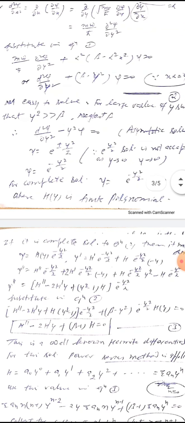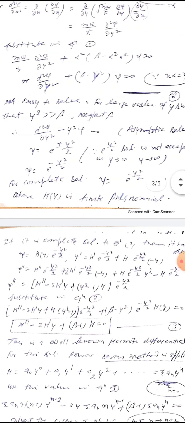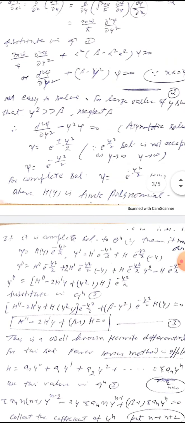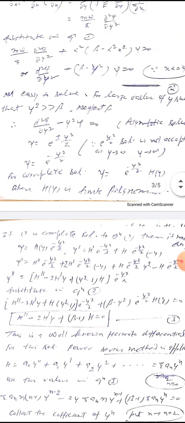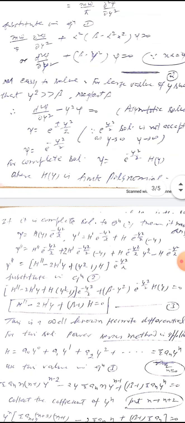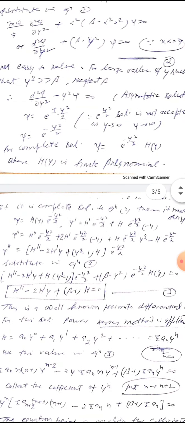Therefore, we ignore the positive solution e power xi square by 2, and restrict ourselves to only the term e power minus xi square by 2.